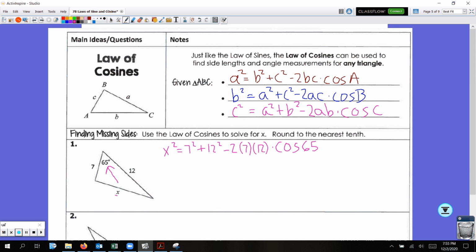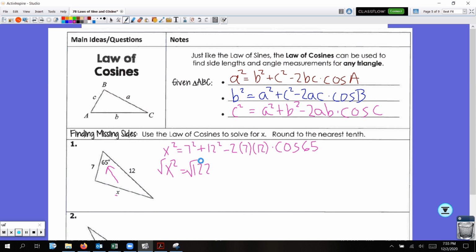So x squared, I don't know what that is yet, but I've got to figure it out: 7 squared plus 12 squared minus 2 times 7 times 12 times cosine 65. Enter. If I round to the nearest tenth, I get 122. To unsquare something, we take the square root.